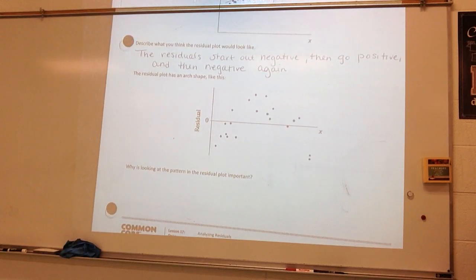Alright. The residual plot has an arc shape like this. Why is looking at the pattern in the residual plot important?